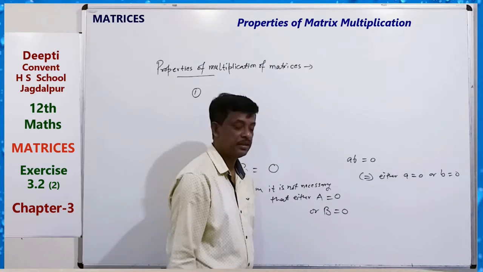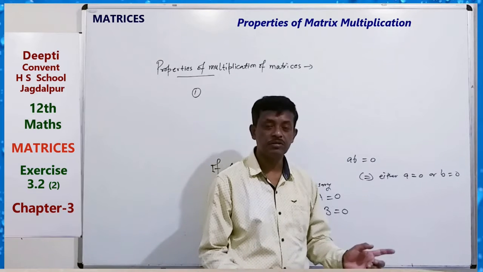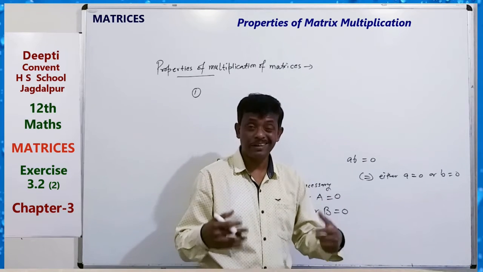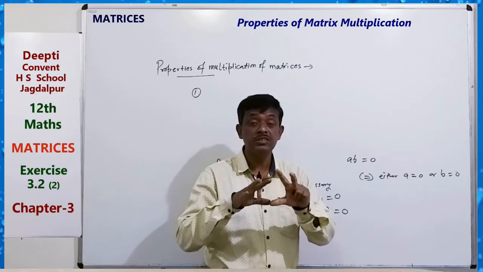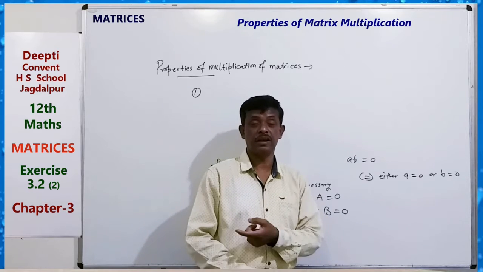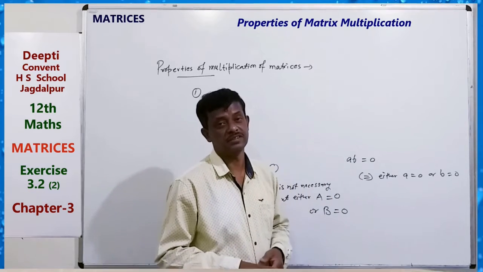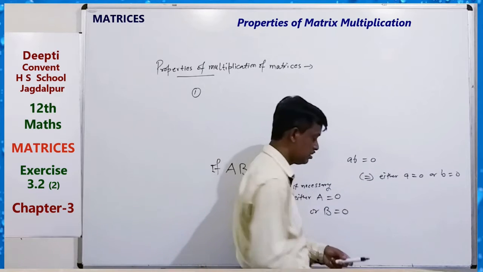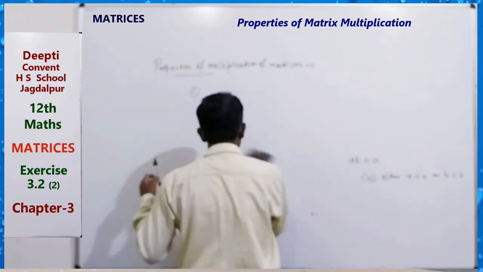That means matrices that are not 0 matrices can be multiplied and we can get a 0 matrix. That is not true for matrix multiplication.